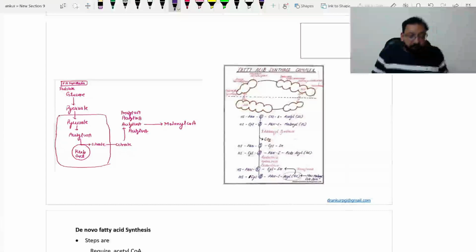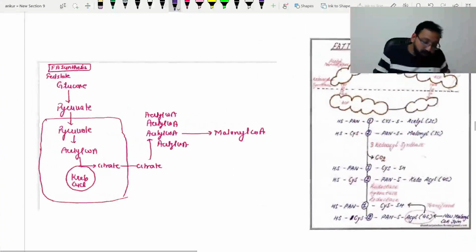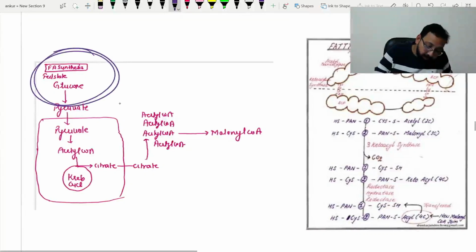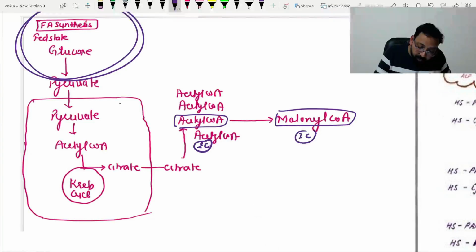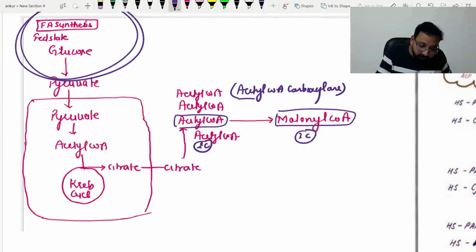Fatty acid synthesis has always been an important topic. In fatty acid synthesis, extra carbohydrate is converted to fatty acid. The first and rate limiting step is acetyl coenzyme A converted to malonyl coenzyme A. A two carbon compound is converted to a three carbon compound by acetyl coenzyme A carboxylase.